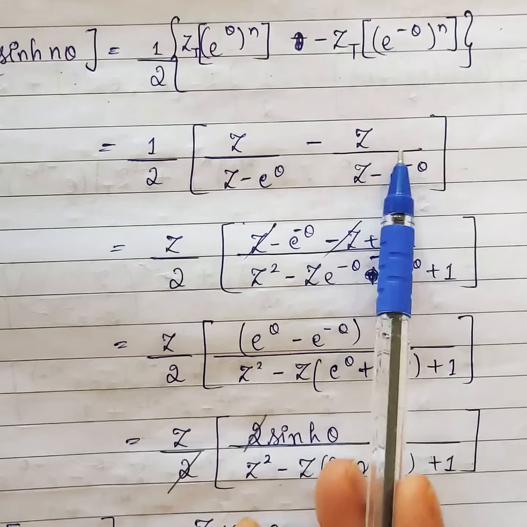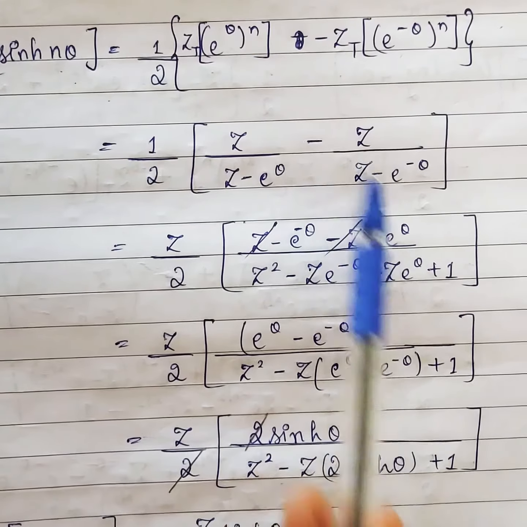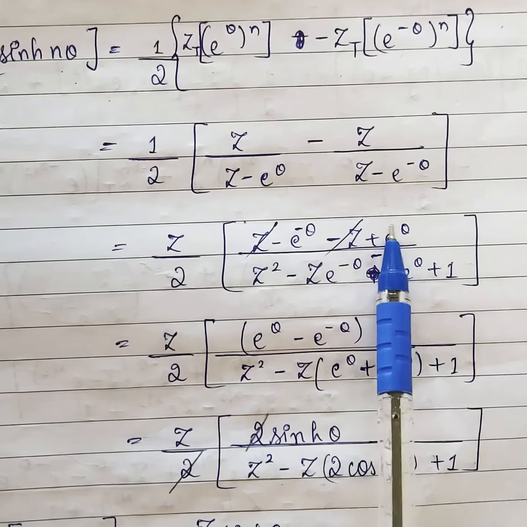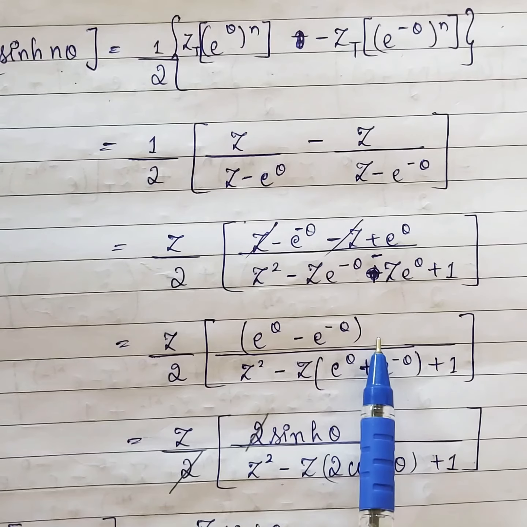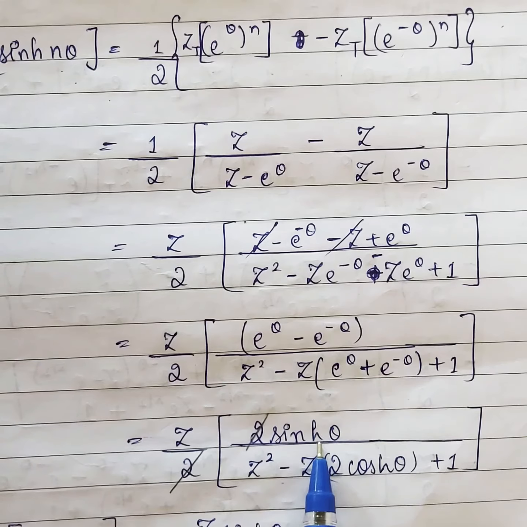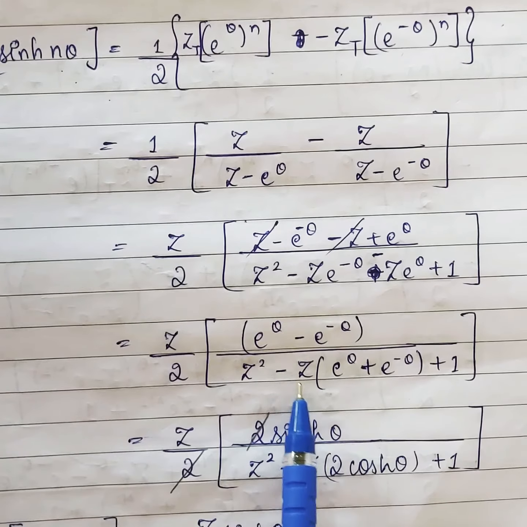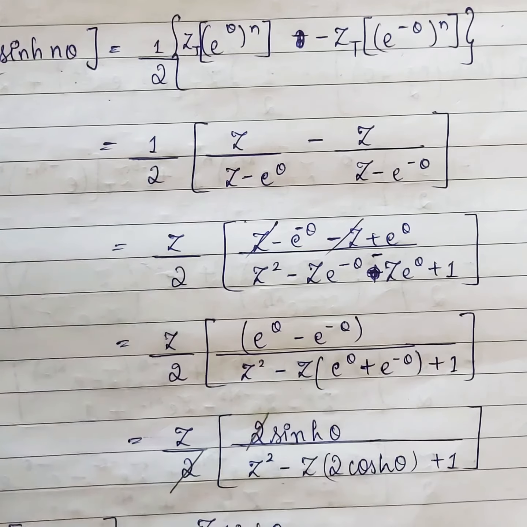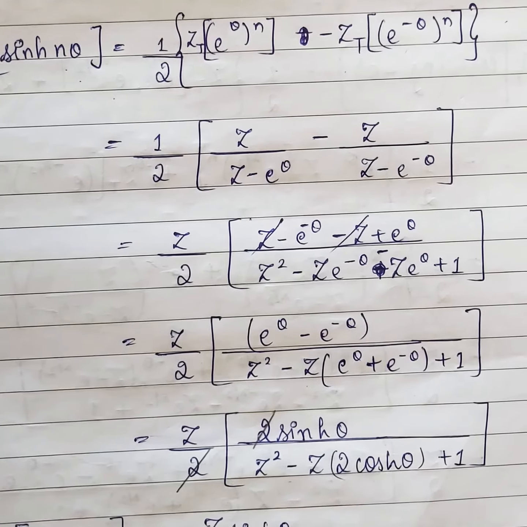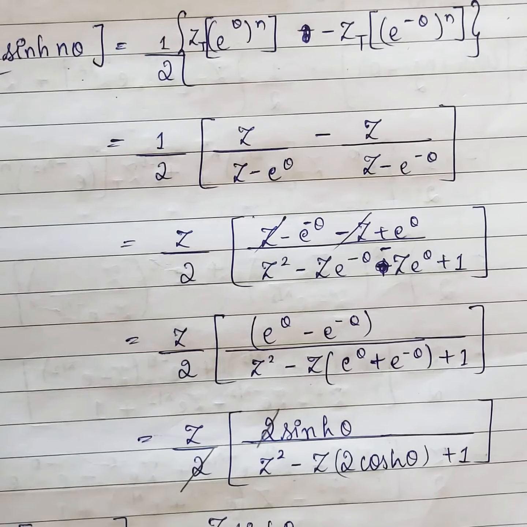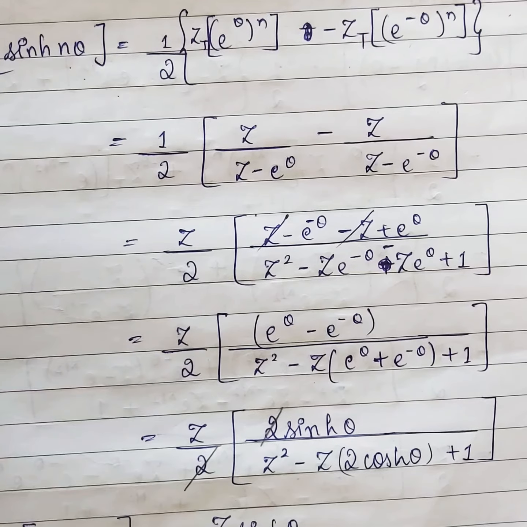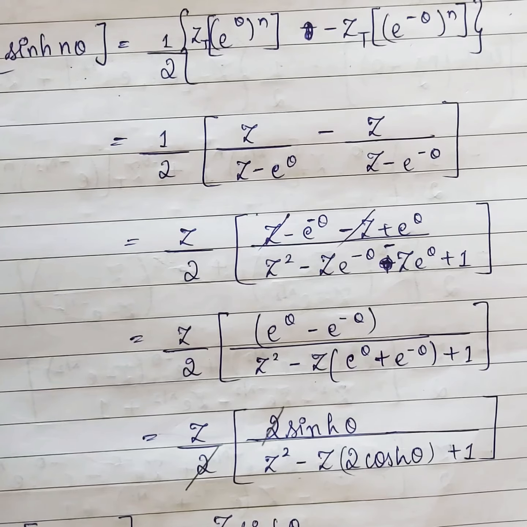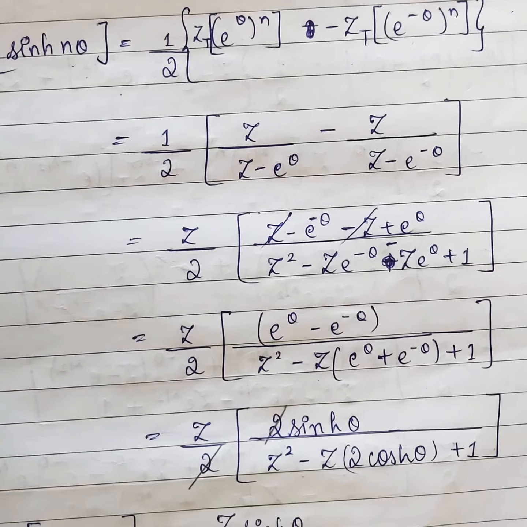When you cross multiply, because of the negative sign, the z and z terms will get cancelled, and we get e power theta minus e power minus theta. This is nothing but sine hyperbolic function. Same thing, we are taking minus z common in the denominator, and we get this answer. So eventually we'll study the basic formulas, and whatever the problem is, we'll try to simplify it and write it in our formula format, and then we'll apply the z transform.